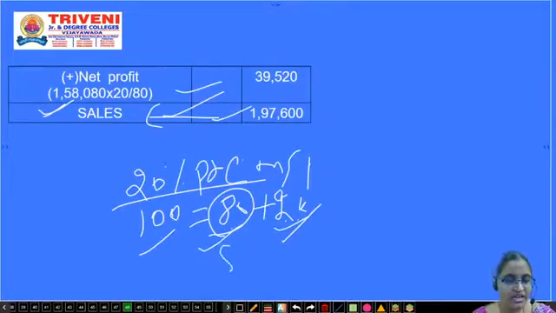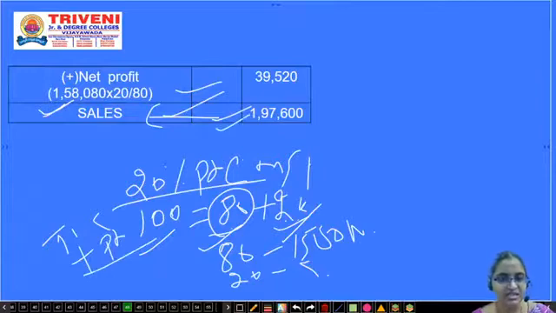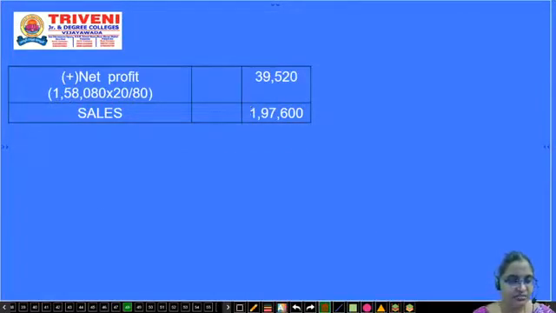So for 80 rupees, the total cost is 1,58,080, and you get the profit: 20 into 1,58,080 divided by 80. You got the profit. Total cost plus profit equals sales, 1,97,600. Okay, the next problem.